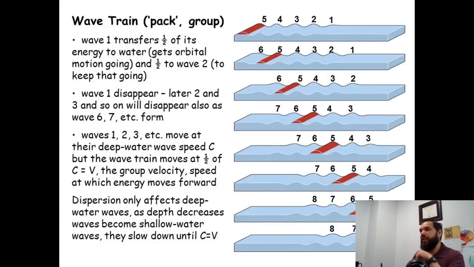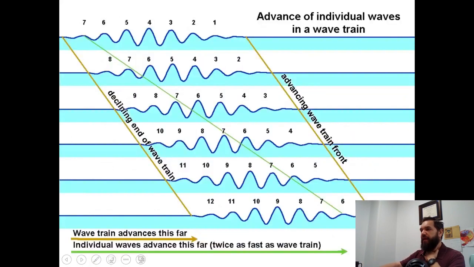So if you were to think of just this single wave right here, we're just going to call this wave number 5 right here, and we're going to keep track of that wave. As it propagates, it gets smaller and smaller because it's just giving its energy to the wave in front of it. Okay, it just transfers half of its energy to the wave in front of it.